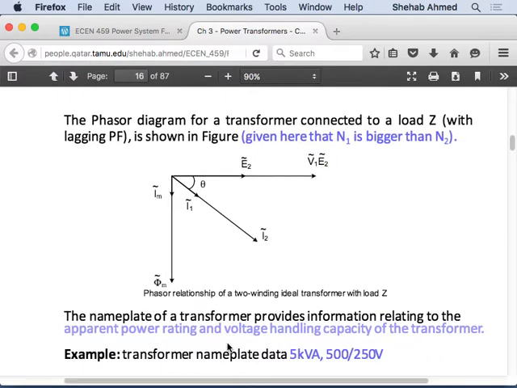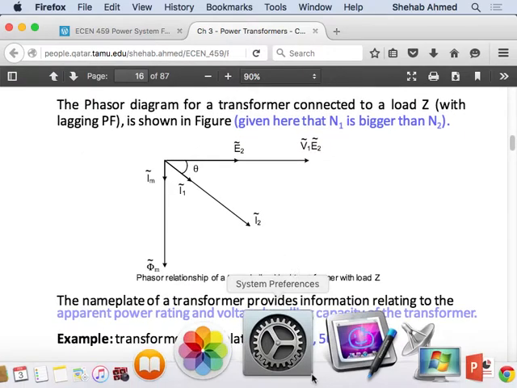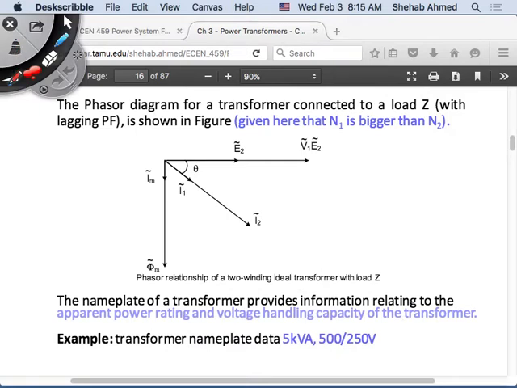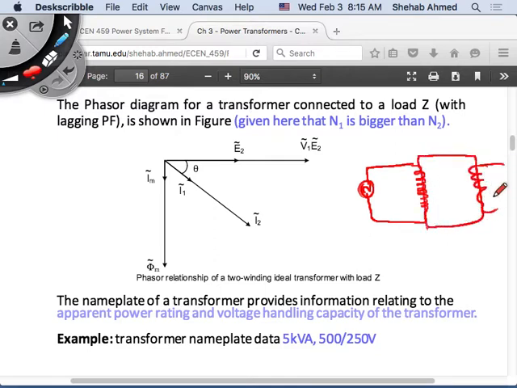We drew the phasor diagram for this before. I also have a small typo here. So remember the phasor diagram, we said that we have a voltage source that is going to push current in a winding that is wrapped around the core. This is V1, this is E1, this is E2.